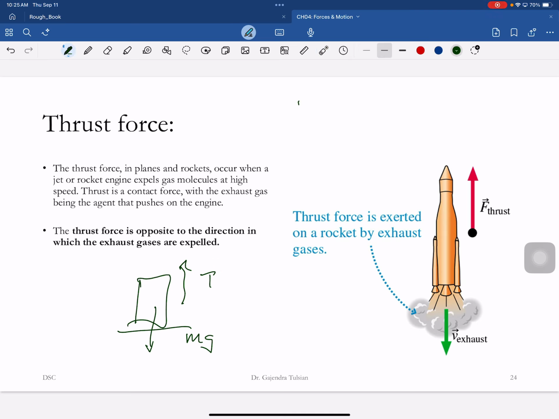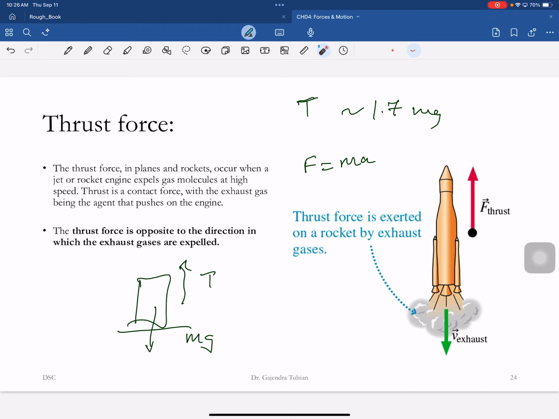So the thrust force is greater than the weight and it'll lift off. What's the deal with rockets? This thrust force generally is constant, and as it's burning fuel, its mass is decreasing, and force equals mass times acceleration. So as the mass decreases and the force is the same, it accelerates faster and faster.